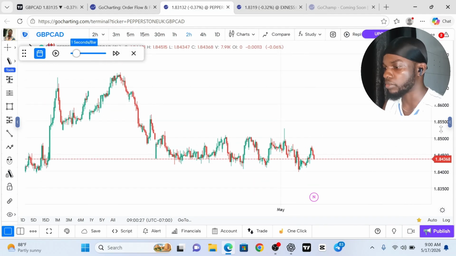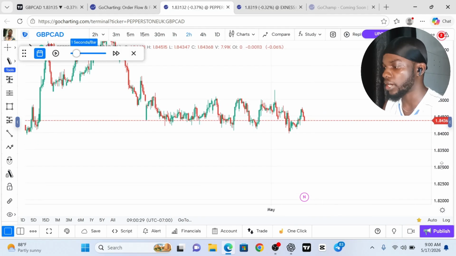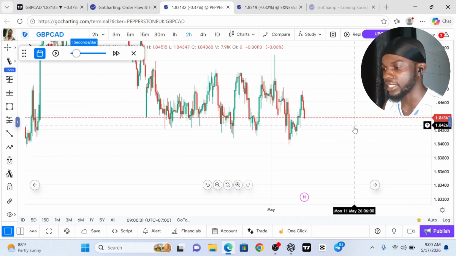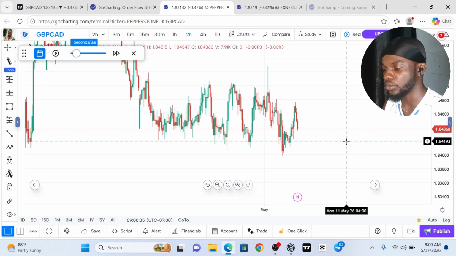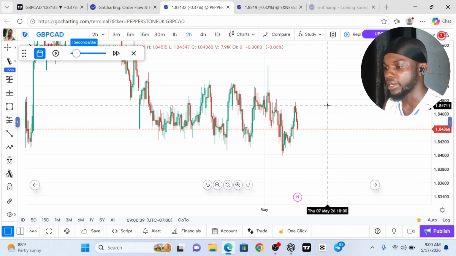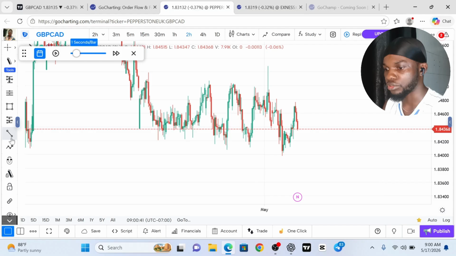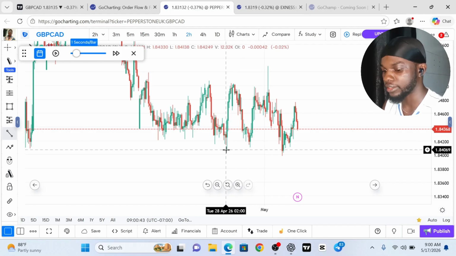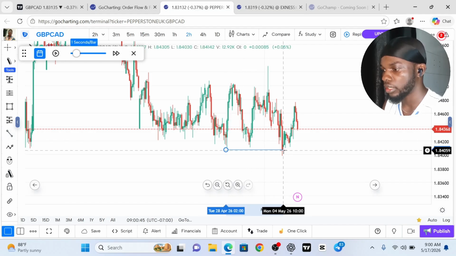Now, this is my 2-hour time frame. I know I told you I usually do consider the most recent break of structure. That is the only structure that I do consider in this my setup. Now, I have a break of structure right here in my 2-hour time frame.